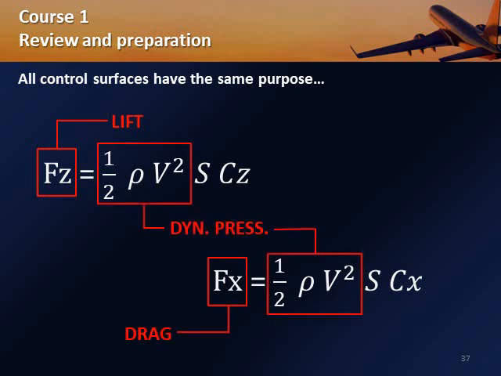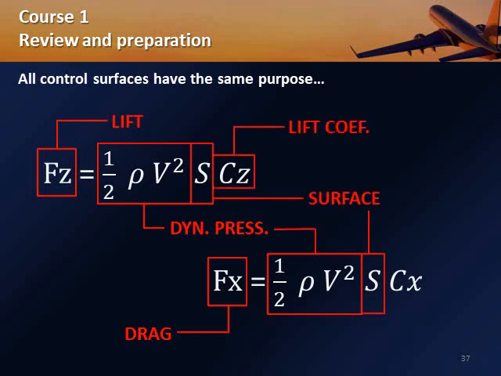Now, you have the dynamic pressure, one half rho V squared. You have the surface or area of the control surface. Coefficient of lift, Cz. Coefficient of drag, Cx.